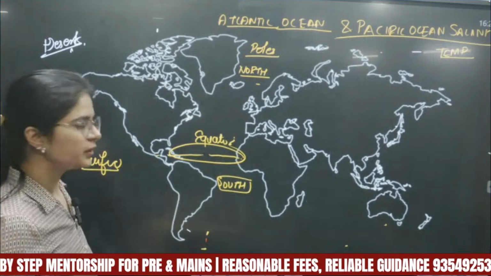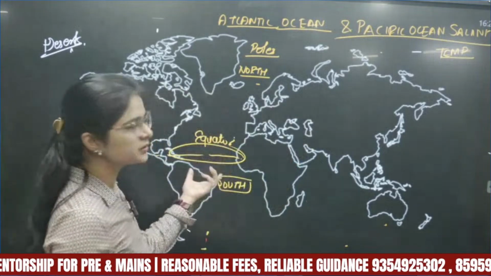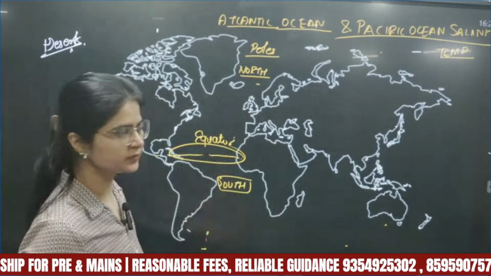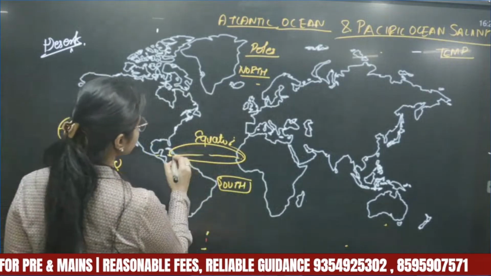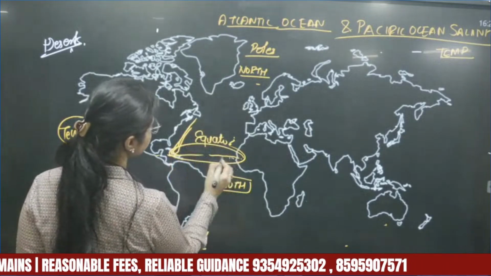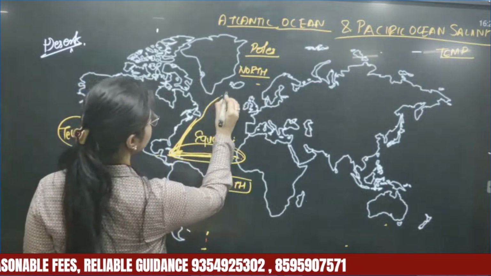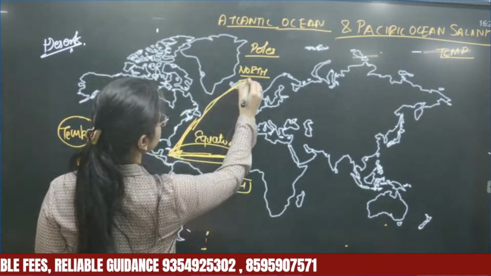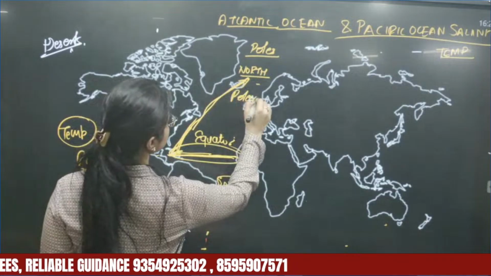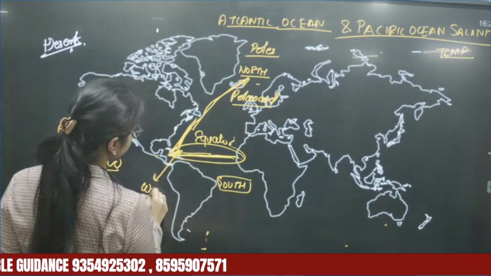Okay. Now, if I talk about the South Atlantic Ocean, what is happening over here? There is a Gulf Stream which is arising from here and going towards the poles. Now, this Gulf Stream which is going poleward is a warm ocean current.